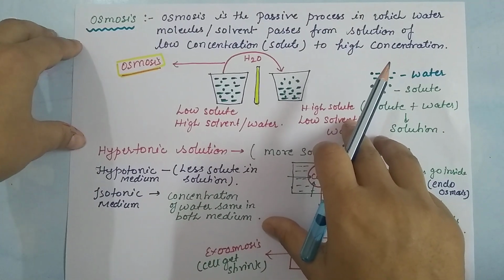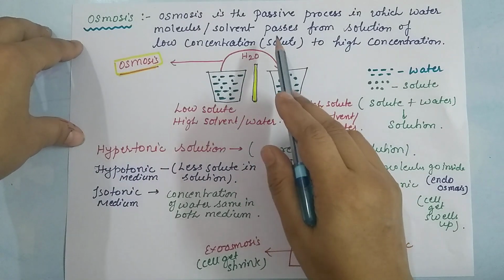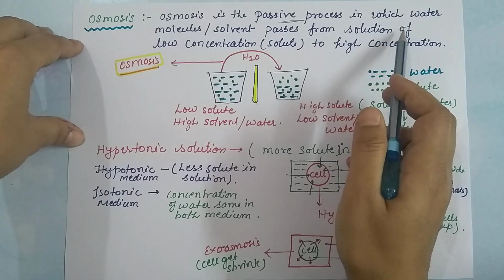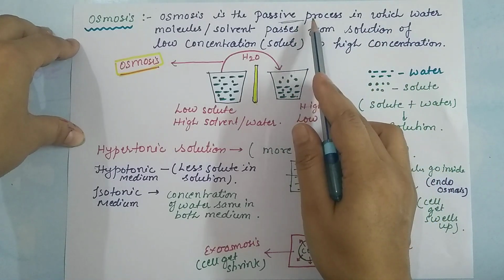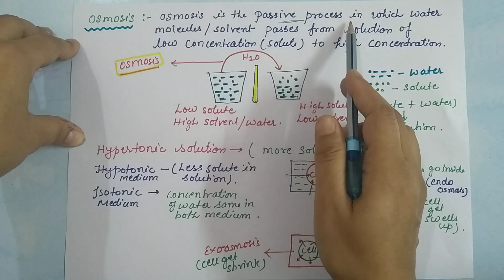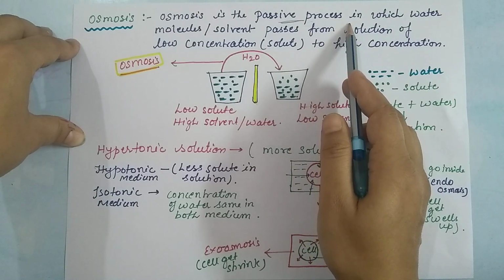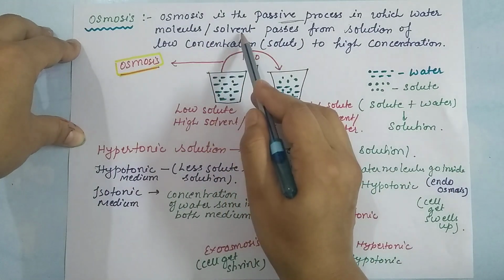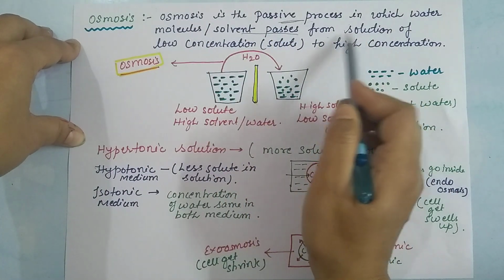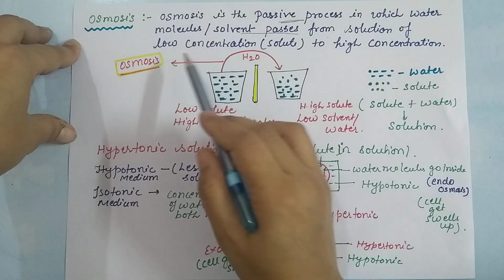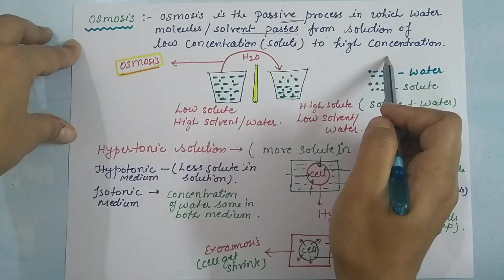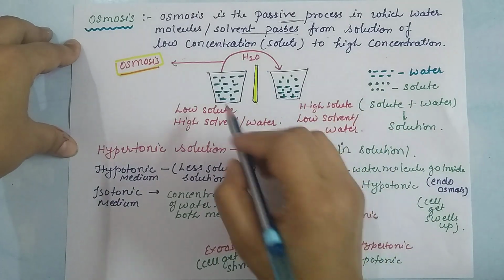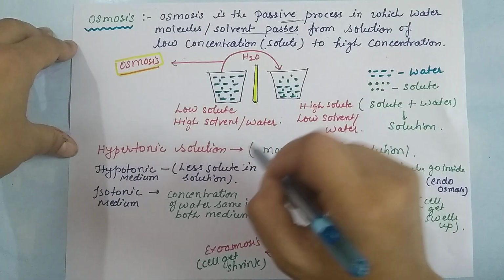Osmosis is a passive process in which ATP or energy is not required for the movement of substances across the cell membrane. Water molecules or solvents pass from a solution of low concentration to high concentration. Let's take an illustration to understand the meaning of osmosis.